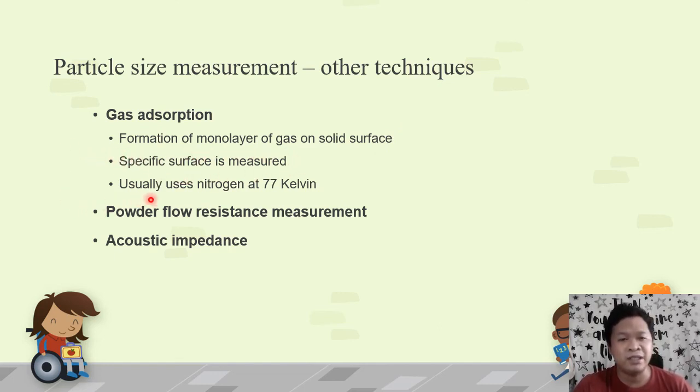Other methods may include the measurement of the resistance of flow of the powder, which is actually partially a rheology topic, and then acoustic impedance, so using sound waves naman, and taking advantage of the physical properties and changes in sound waves because of the particle sizes of your food substance.